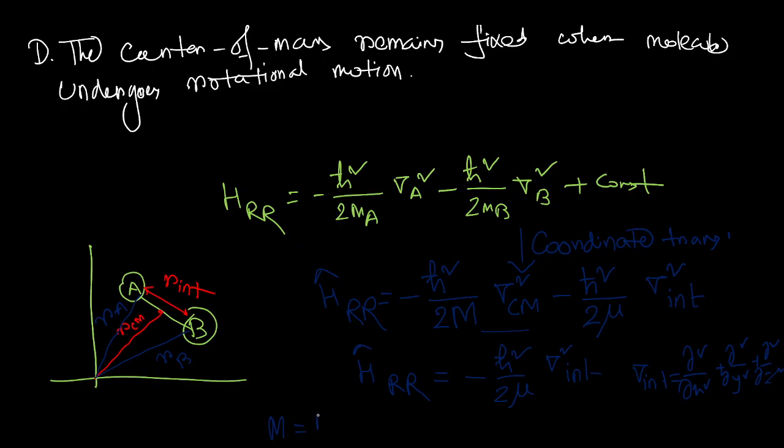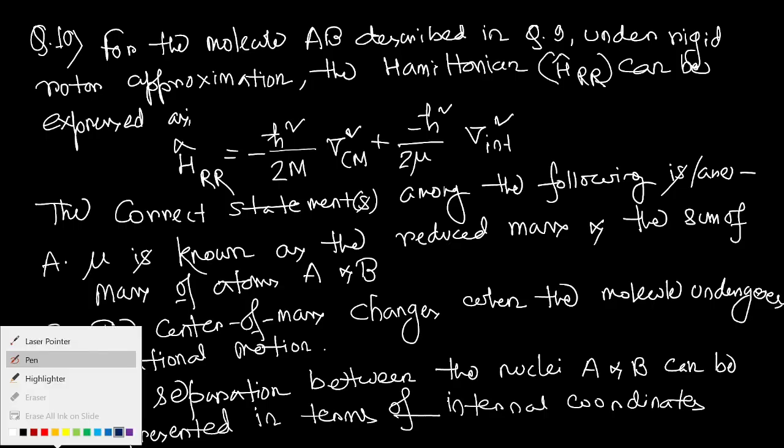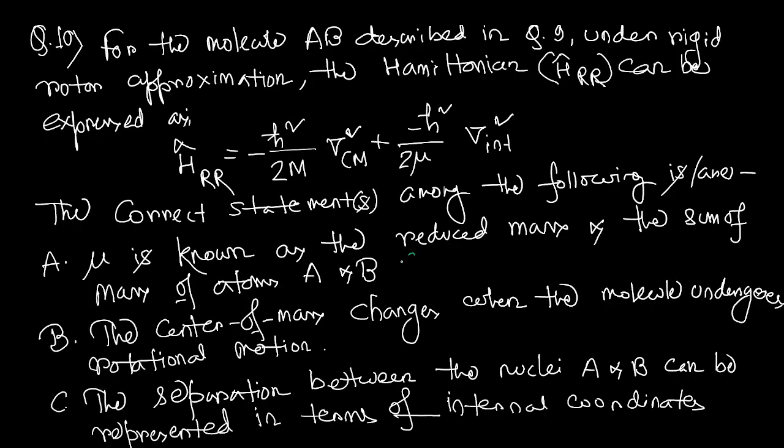M is nothing but the summation of the two masses, and mu is the reduced mass, which can be written as ma times mb by ma plus mb. So these are the things needed for the next class to derive the selection rule for rotational motion. The first thing is that mu is the reduced mass, but not the sum of the masses A and B.